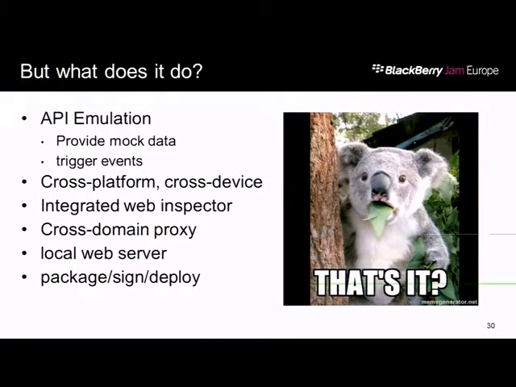You're accessing local content within your application and quite often going out to a remote server of some kind to pull in data. So sort of inherently, almost right out of the bat when you're doing a WebWorks app, you've got some sort of cross-domain in it. So we actually have a proxy that allows those things to work within the Google Chrome environment. I already mentioned the local web server and the package sign deploying services that it provides as well.